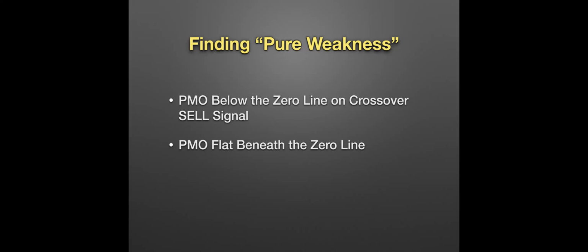Basically you have to think of it like this. The PMO measures like what you're doing with the accelerator on your car. When you push down on the accelerator, that means you're getting that new momentum and that rising price. But then as you steady out your rising trend, your foot basically sits stationary on that accelerator.